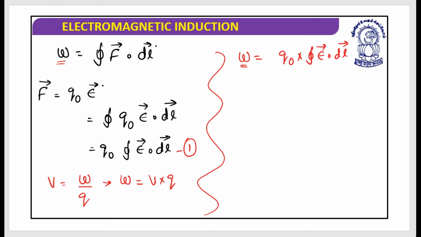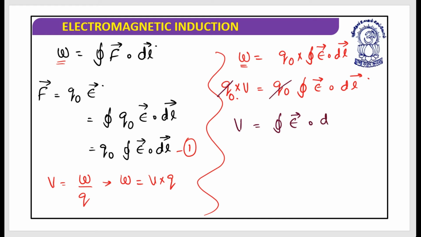This work done could be written as Q multiplied by V, which is equal to Q naught times the line integral of E dot dl. As the Q naught is common, I could write that the potential, or the EMF, is equal to the line integral of E dot dl.